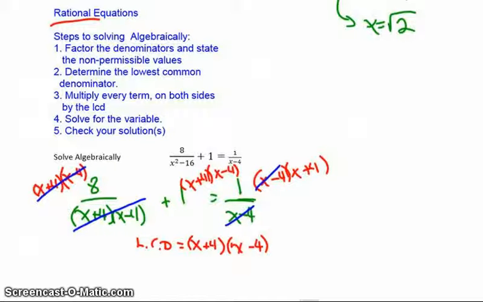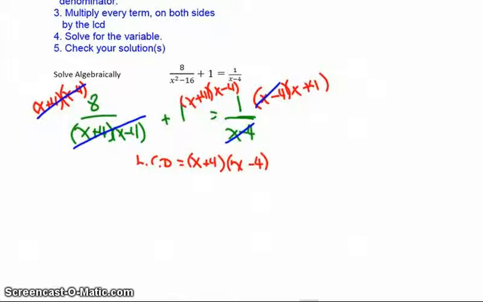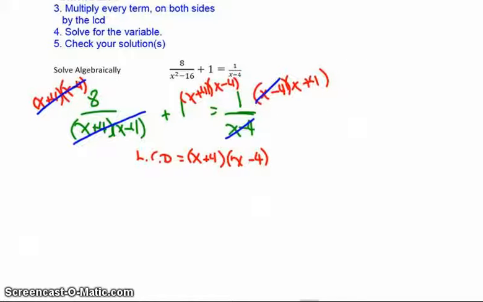And as you look at your new equation that's no longer rational, you can see that my new equation is 8 plus, in this case that multiplies out, plus x squared minus 16 is equal to x plus 4. And now I have a quadratic equation that I'll take all to one side.